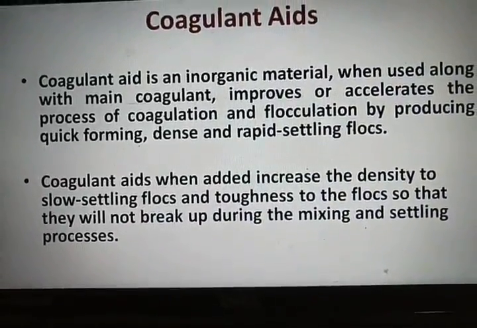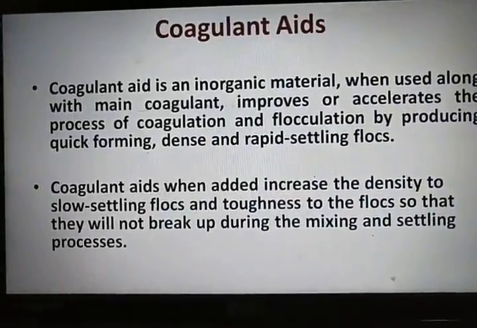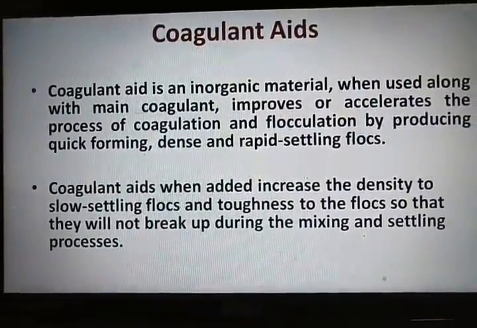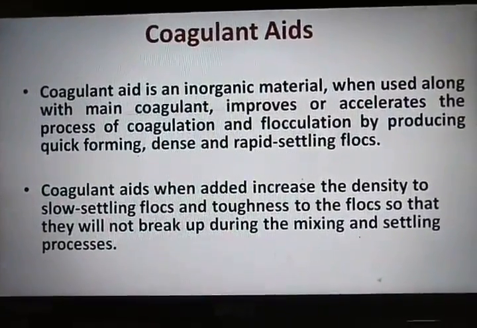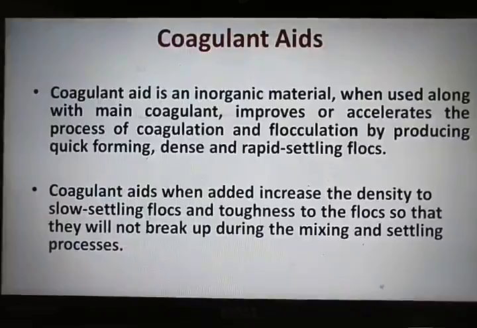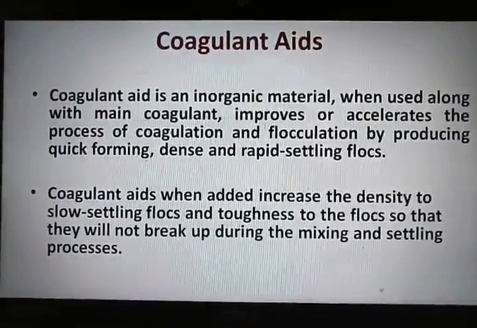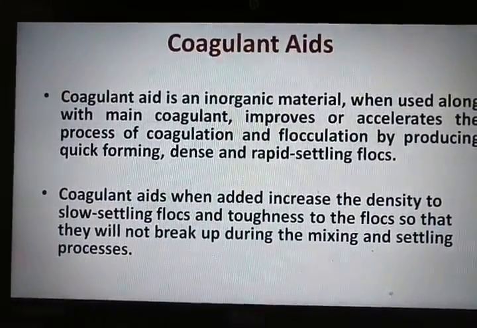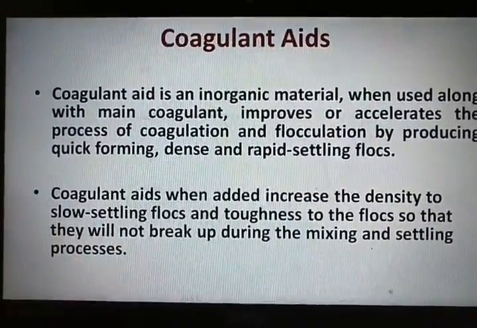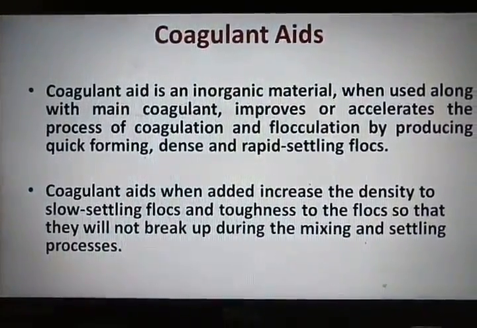This helps in increasing the density of slow settling flocks and gives toughness to the flocks so that they will not break up during the mixing and settling process. If they break up, the gravity effect on those settling particles reduces, so the job of these coagulating aids is to keep the settling solids intact and prevent breaking.